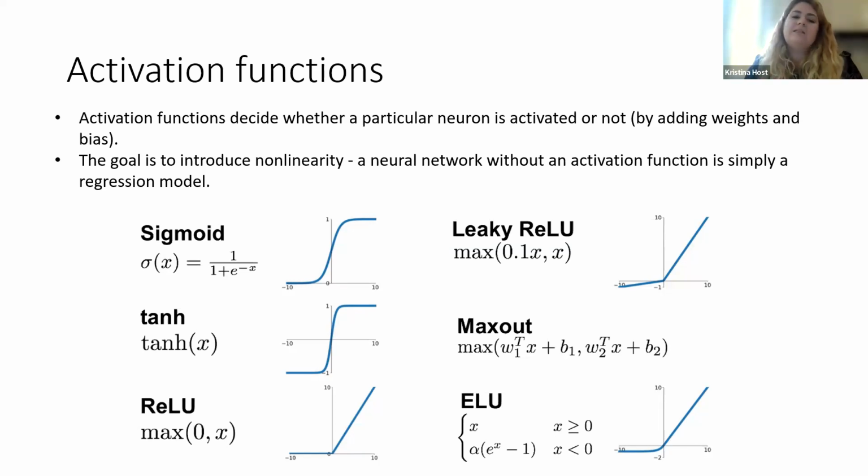The goal of this is to introduce nonlinearity, because a neural network without an activation function is simply a regression model. Today we will use this one, a ReLU, that looks like this: it is 0 if the input is less than 0 and it increases if it's more.